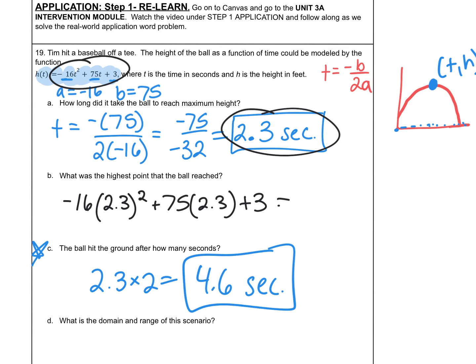And we solve that. Negative 16 times 2.3 squared plus 75 times 2.3 plus 3. It is 90.86. I'm going to call it 90.9 feet. That's it. That is all.